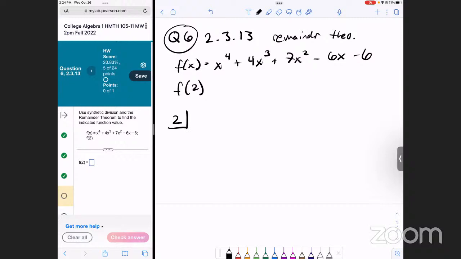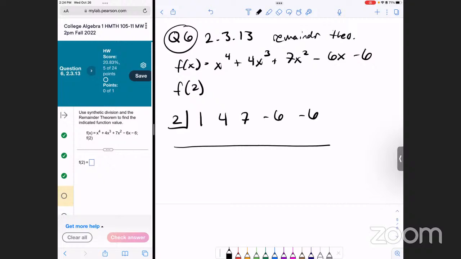Let's do our coefficients. So we're going to have 1, 4, 7, negative 6, and 6. We started with a degree 4 polynomial, so we should have 5 coefficients. 1, 2, 3, 4, 5. So we're in the clear there.